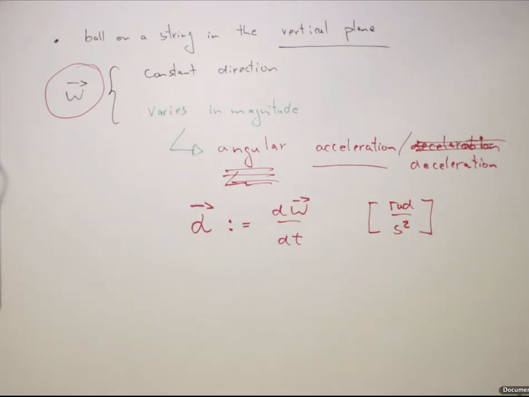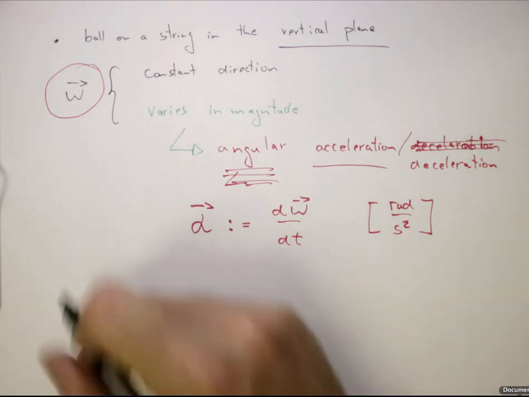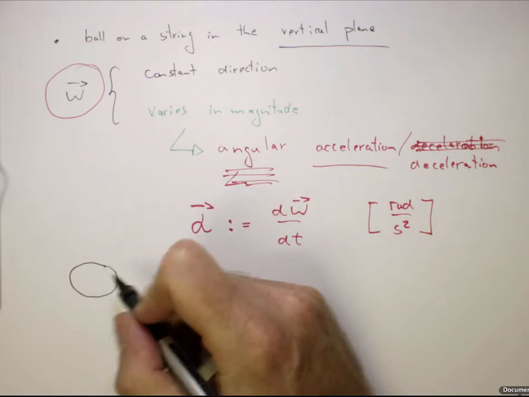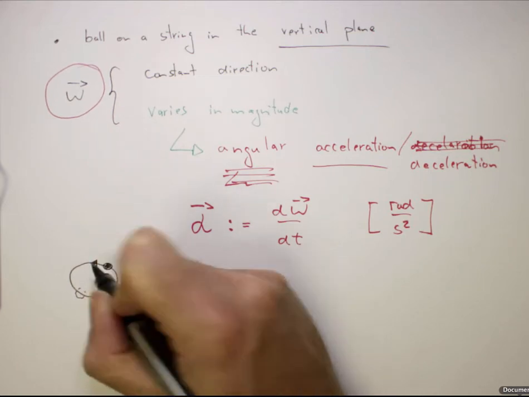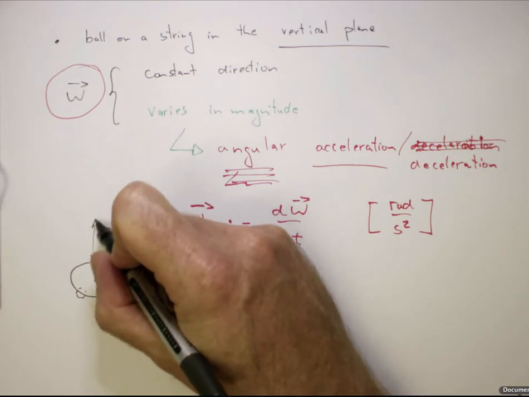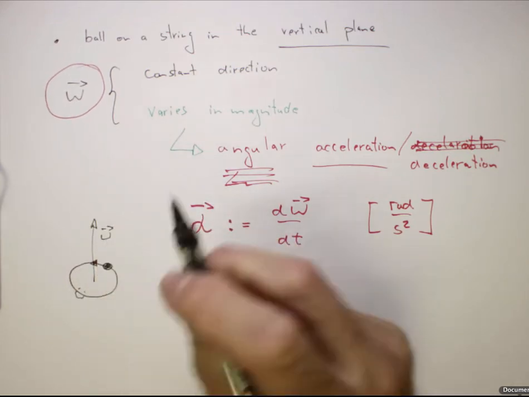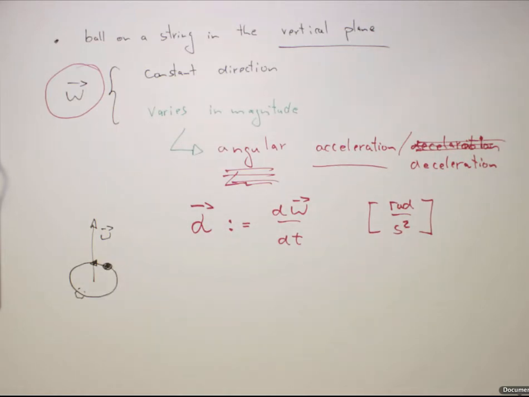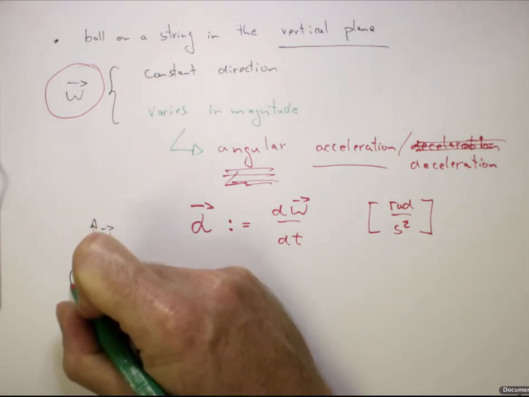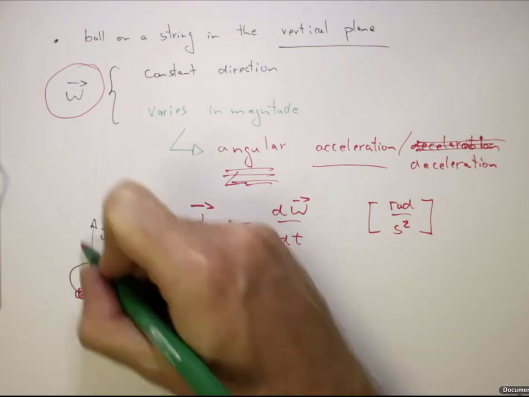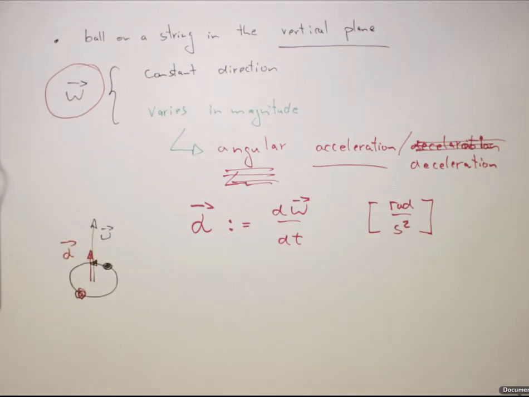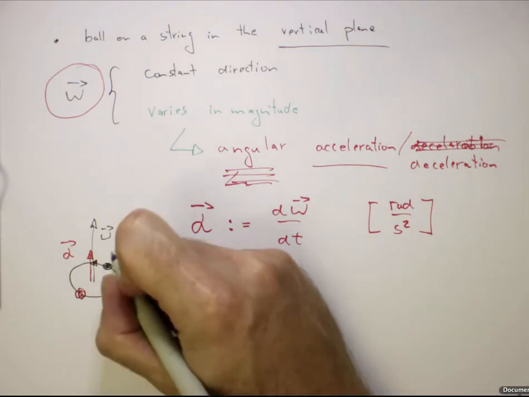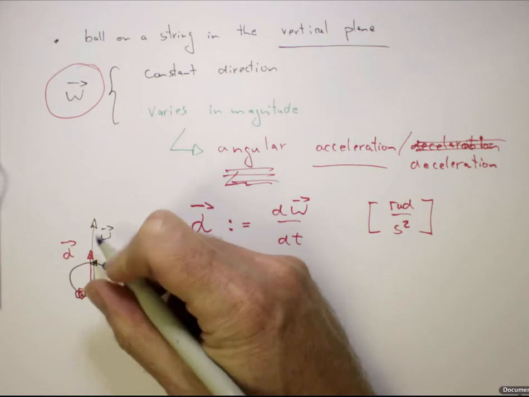And if we draw the situation we're dealing with, this is our vertical plane, and the orbiting tennis ball, then we have an omega vector coming out, and towards the bottom, towards this position we're accelerating the ball, so we're increasing omega, therefore we have an alpha vector, an angular acceleration vector pointing upward, in contrast to the situation at the top here, where we're decelerating the ball.